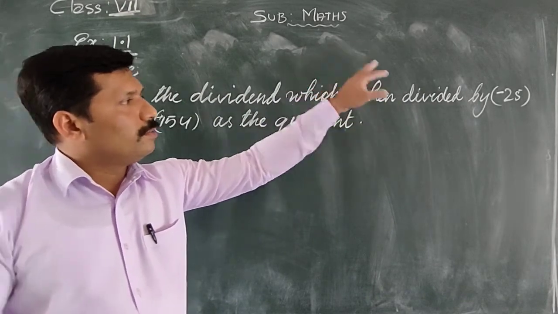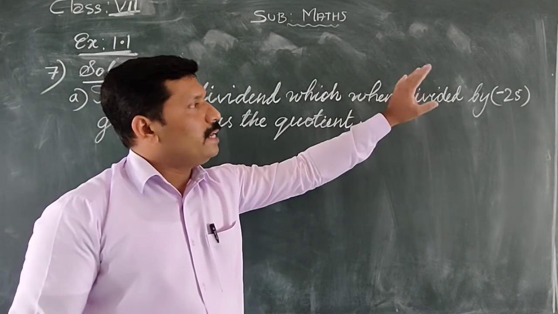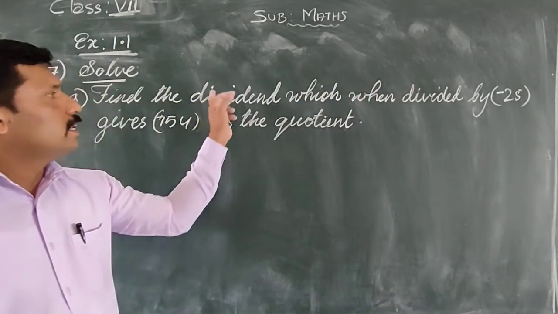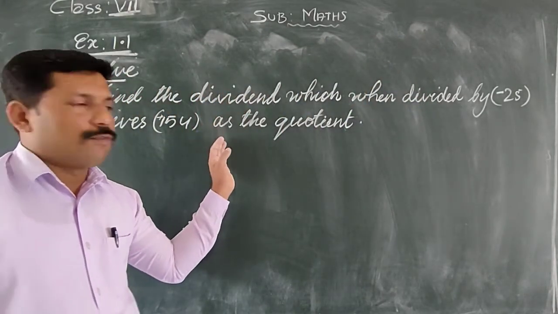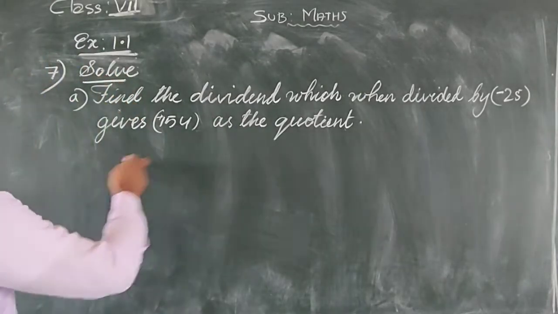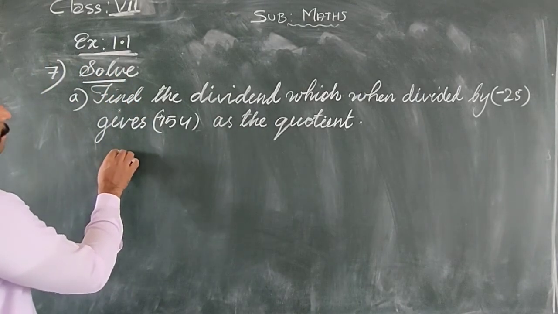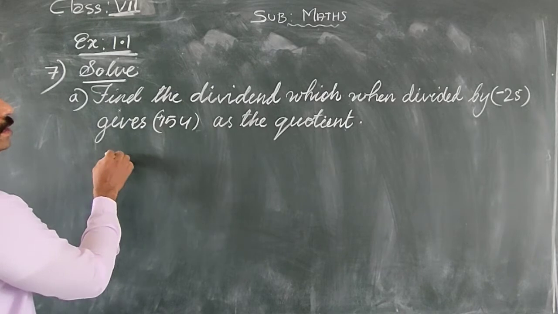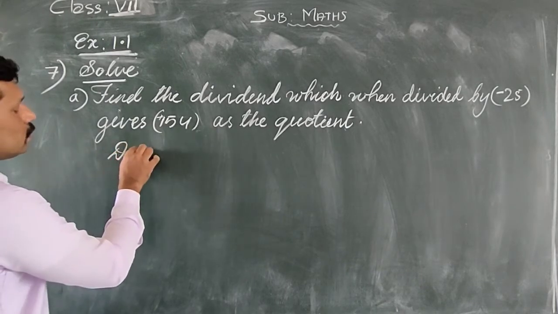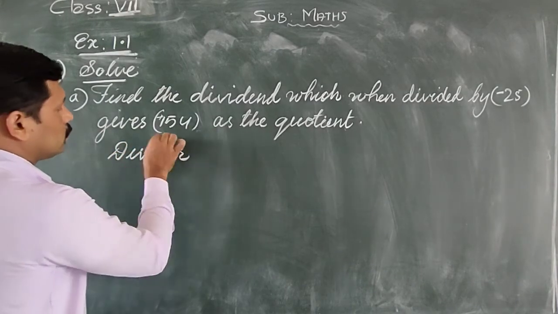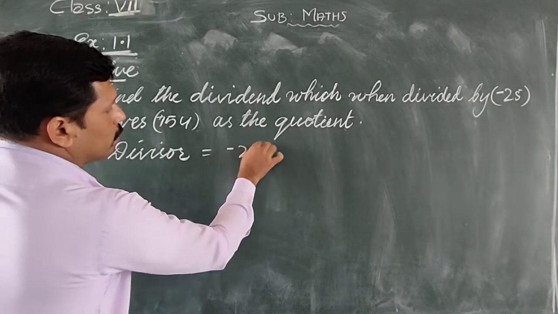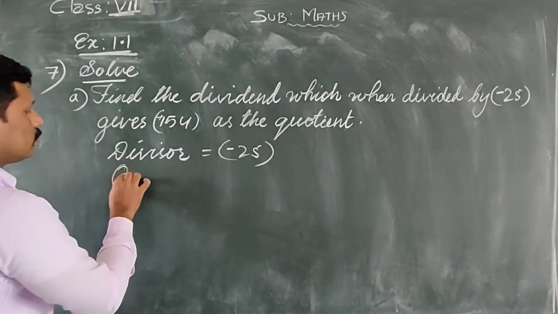Therefore, when we multiply divisor into quotient, we get the dividend. Here we write divisor is equal to negative 25, quotient is equal to 154.